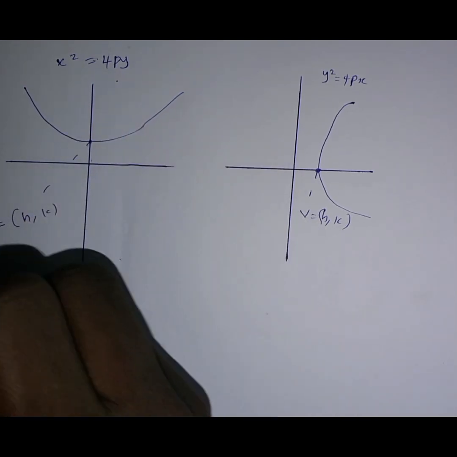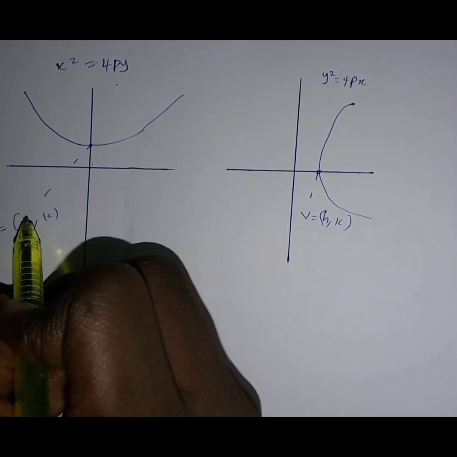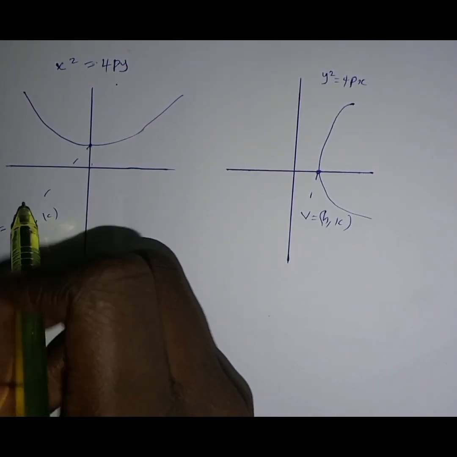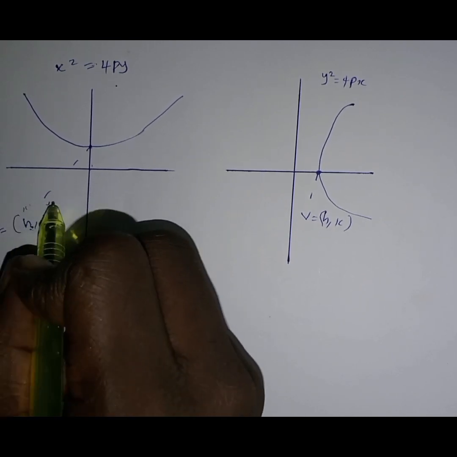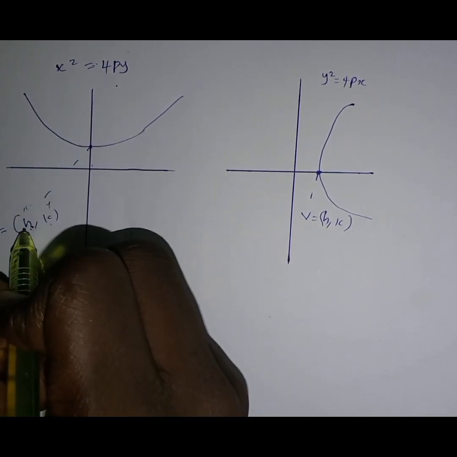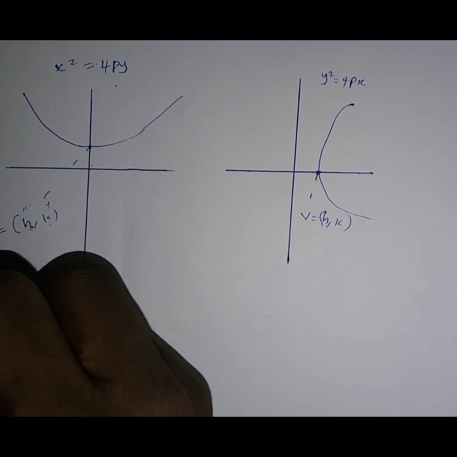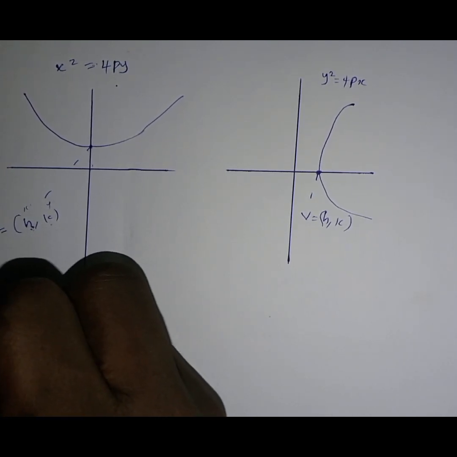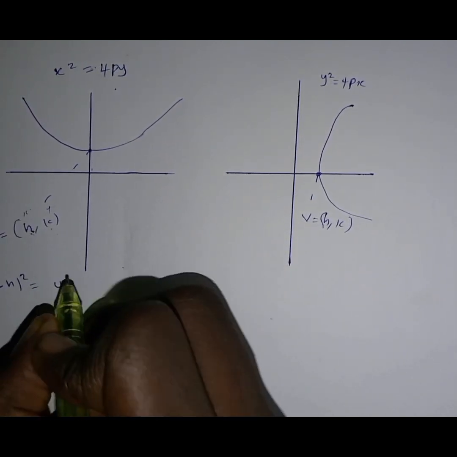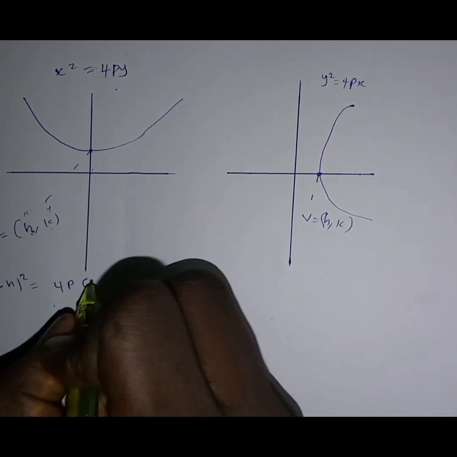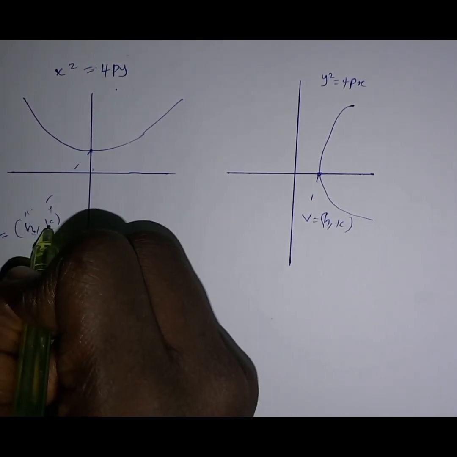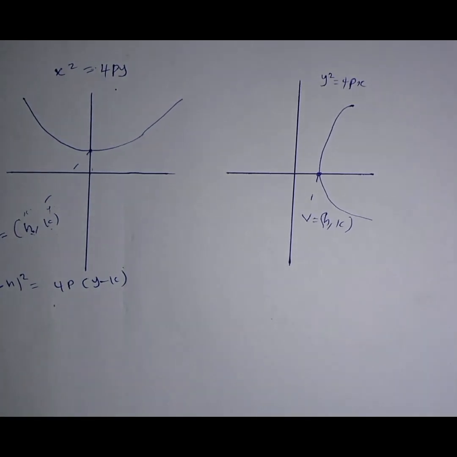Now h is on the x-axis and k is on the y-axis. So anywhere we see x, we put x minus h. So it will be (x minus h) squared equals 4p, and since there's y in the equation, y minus k. So this is what the equation looks like.